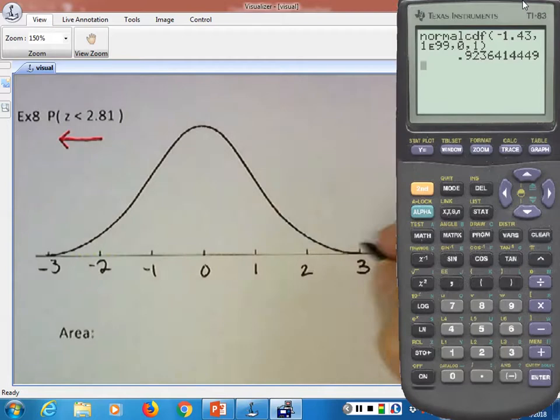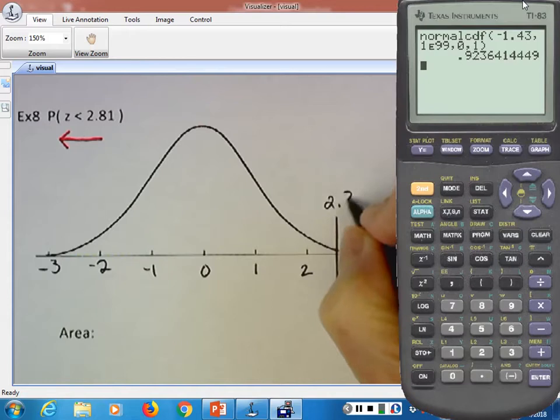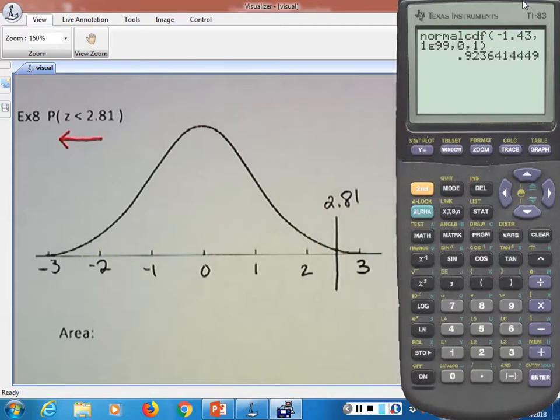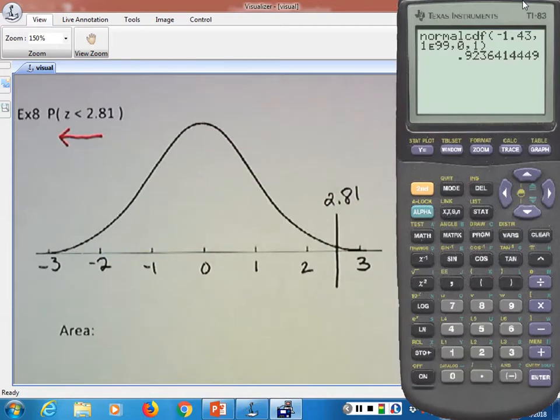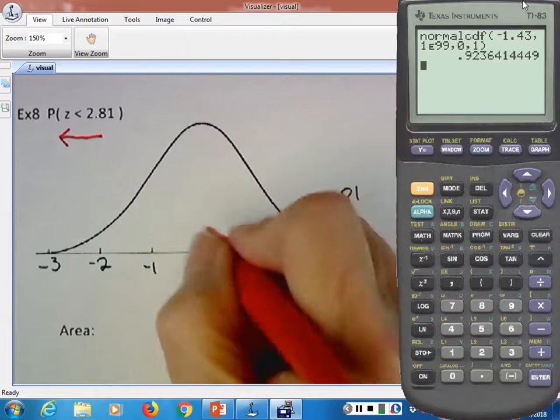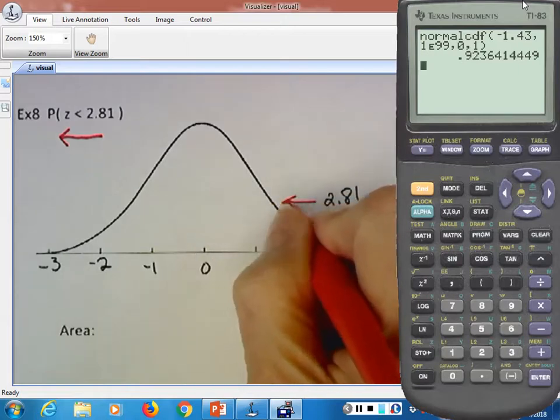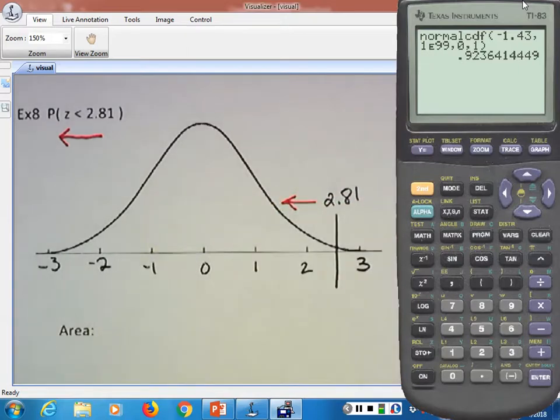And 2.81 is between 2 and 3. And since it's going to the left, that tells you that you're going down to negative infinity, and negative infinity is going to be your beginning point.